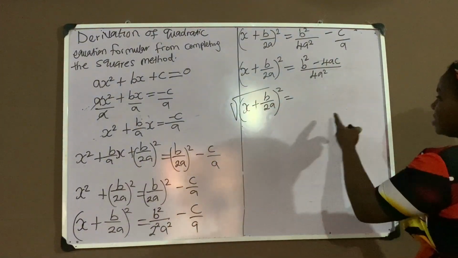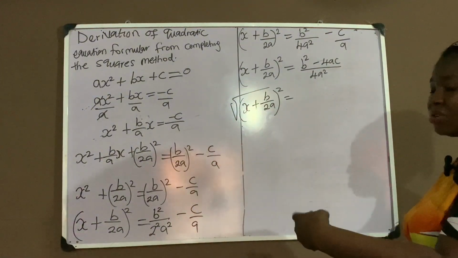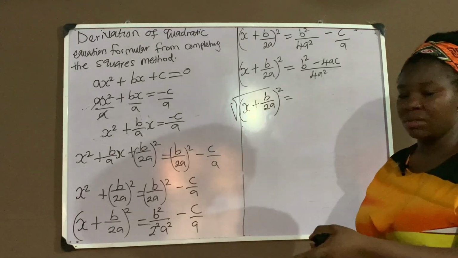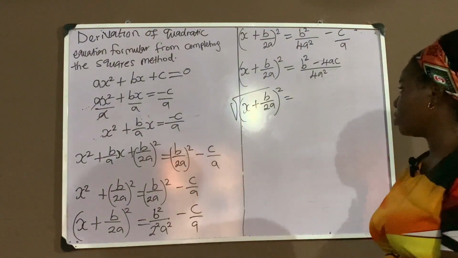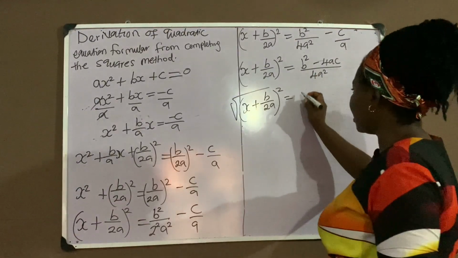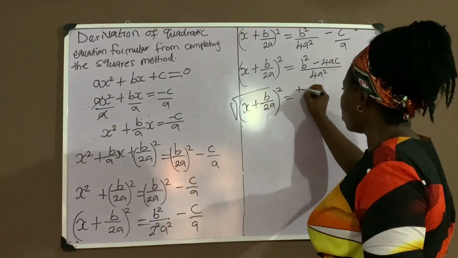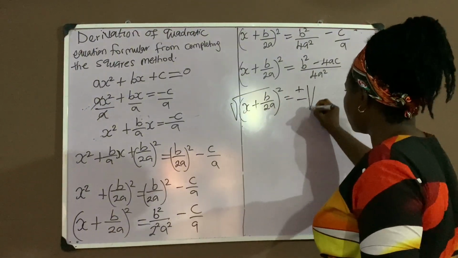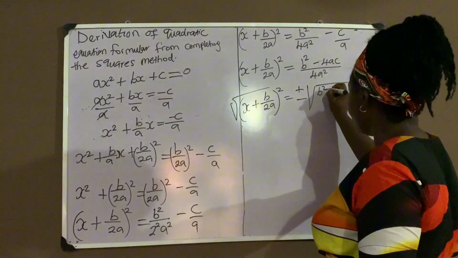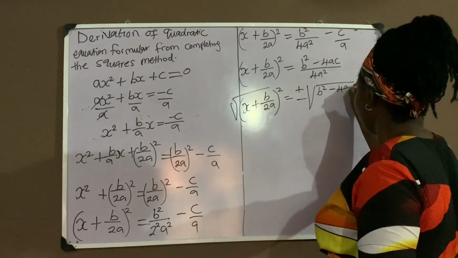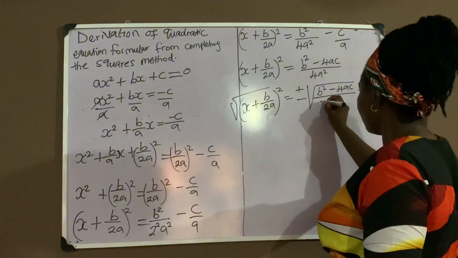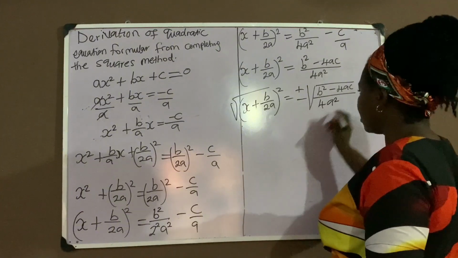But when coming to this side, because in the root of the equation, you obtain two values, which can be positive or negative. So here, you tell them that if you are introducing the square roots to this side, you bring down plus or minus square roots of b squared minus 4ac all over 4a squared.